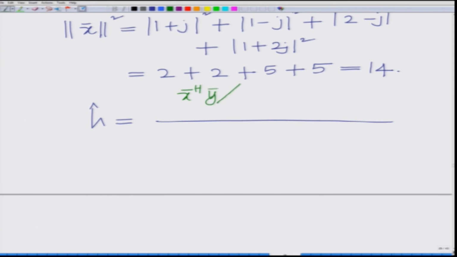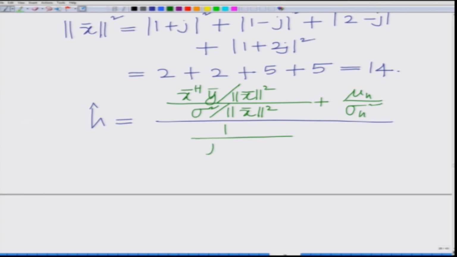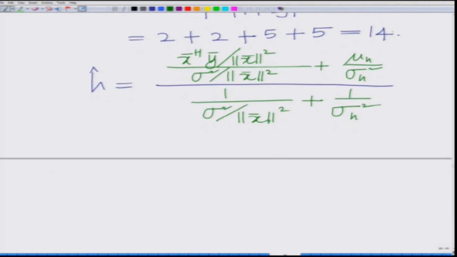x bar Hermitian y bar divided by norm x bar square, divided by sigma square by norm x bar square, plus the prior mean mu h divided by sigma square, all divided by 1 by sigma square divided by norm x bar square plus 1 divided by sigma h square.